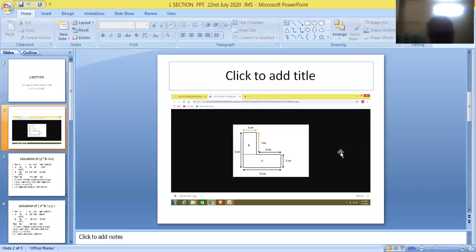So selection of BD values is very, very important, my dear friends. Therefore, the section has to be suitably divided into 2 or 3 components.